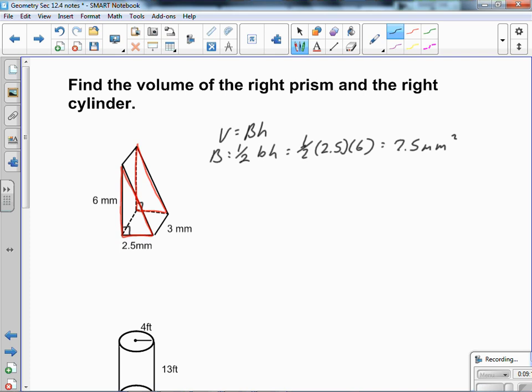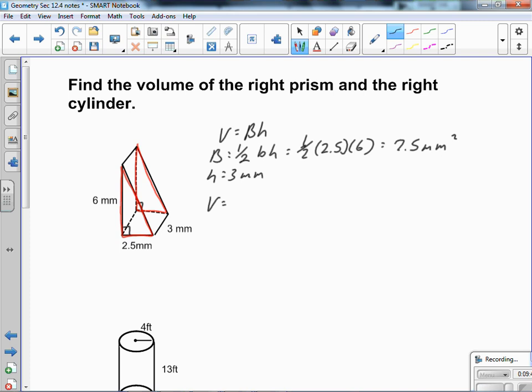And so now to find the volume, we need the area of the base and the height from the prism, which, remember, the height is the distance between the bases. So we're not using 6 here, we're going to use 3 millimeters as our height.